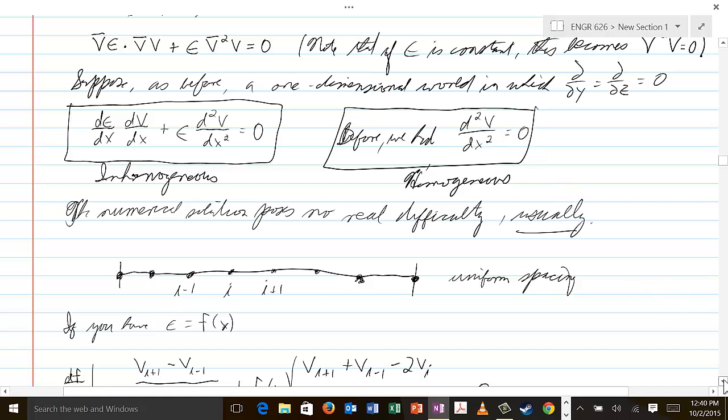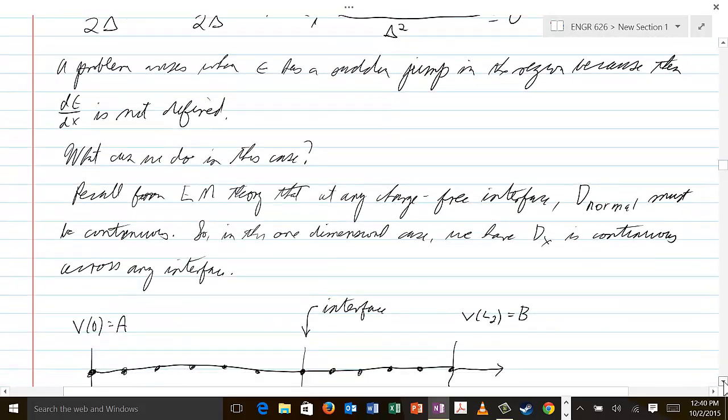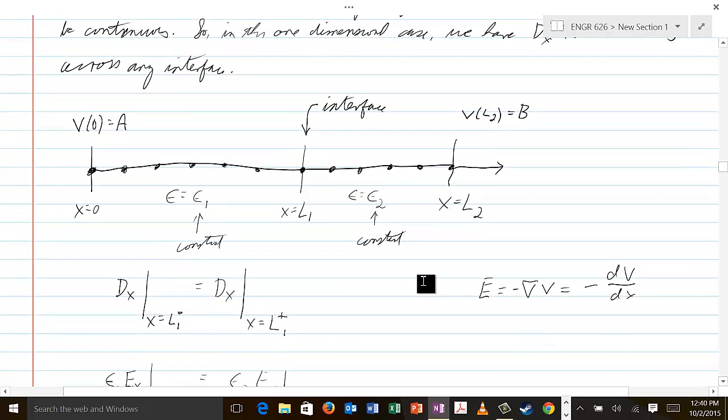Let me make sure this is clear. Our problem is that epsilon is constant and equal to epsilon 1 over here, and epsilon is constant and equal to epsilon 2 over here. So both of these individual regions are homogeneous.